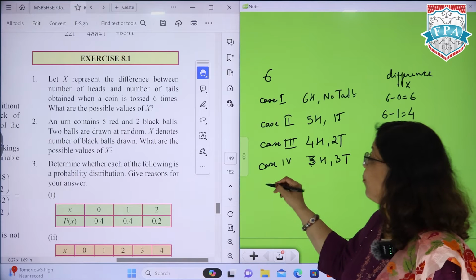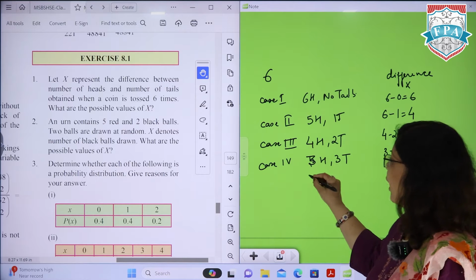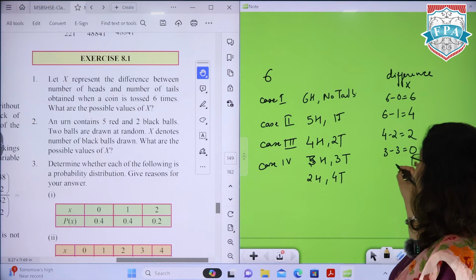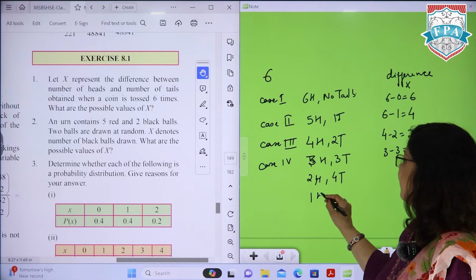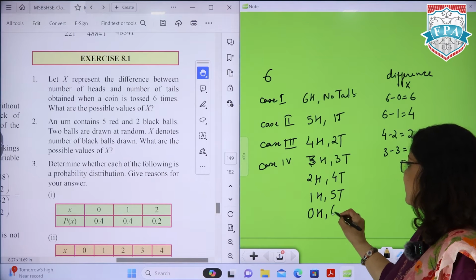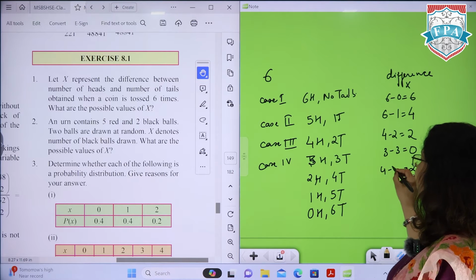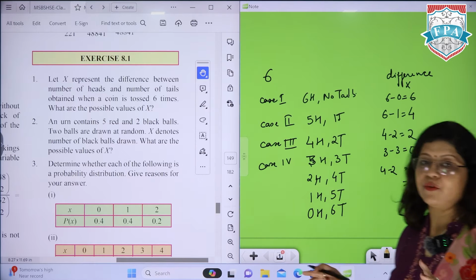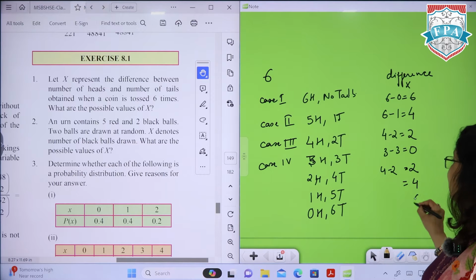इसके बाद ये case repeat हो जाएगा because if we are going with 2 heads over here, तो यहाँ पे आपके 4 tails हो जाएंगे. Difference आपका 2 आने वाला है again, then 1 head, 5 tails and then 0 heads and 6 tails. तो in these cases ये जो आपके difference हैं, it's not that we have to take just heads minus tails, difference can be anything over there. So we'll go with 2, 4 and 6 again.